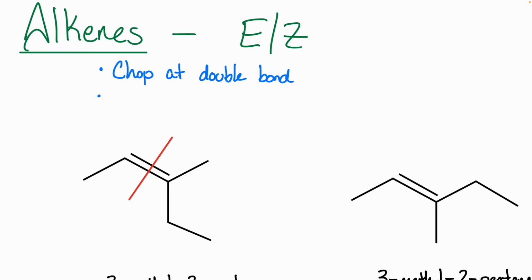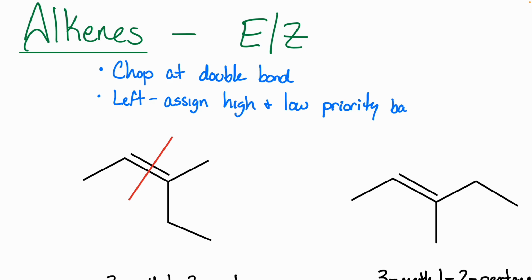So we're going to look left and assign high and low priority. And what is this priority based on? Atomic number.